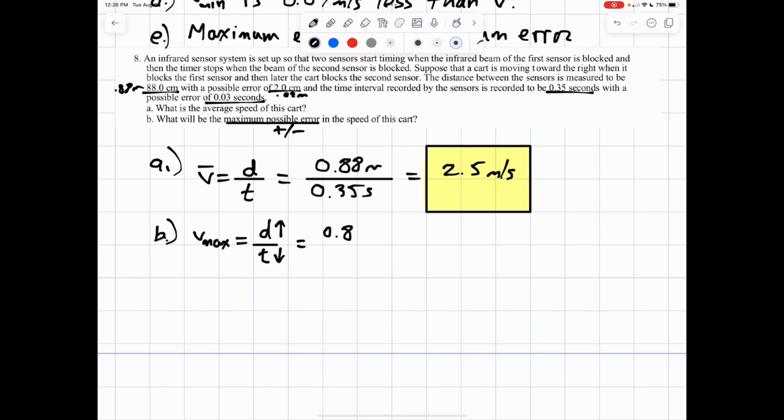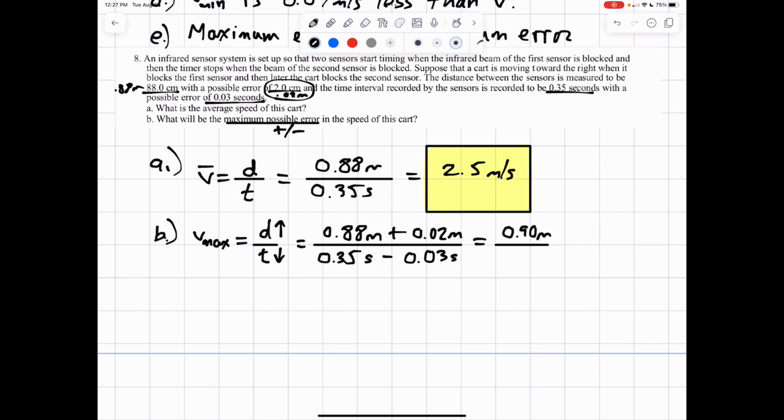So it's going to be 0.88 meters plus the 0.02 meters, or 2 centimeters, and the bottom, 0.35 seconds minus the 0.03 seconds. Okay, well, that's going to end up looking like 0.90 meters over 0.32 seconds, which comes out to about 2.8 meters per second.